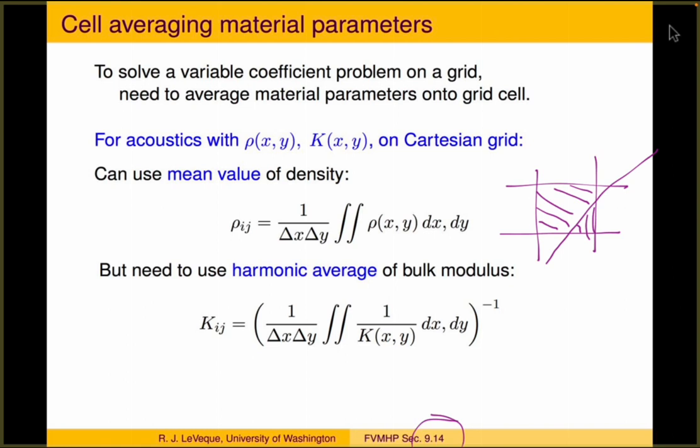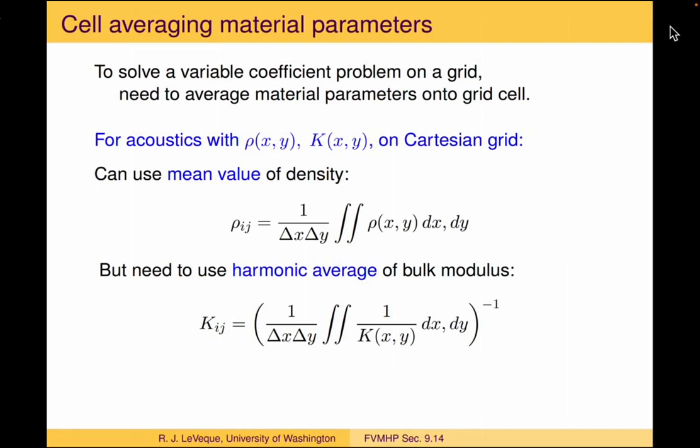If it was piecewise constant density across that interface, we could compute an average density by simply weighting the rho on the two sides by the corresponding areas. But in order to calculate the proper kij, we would want to take that weighted average of 1 over k and then invert the result in order to get the kij in the grid cell. And once you've averaged rho and k appropriately, then you can compute the sound speed and the impedance in the cell from the usual formulas.